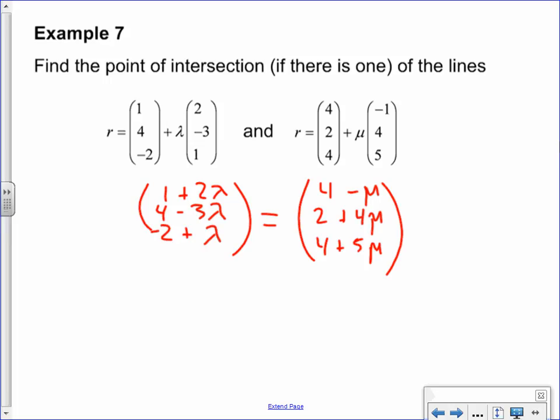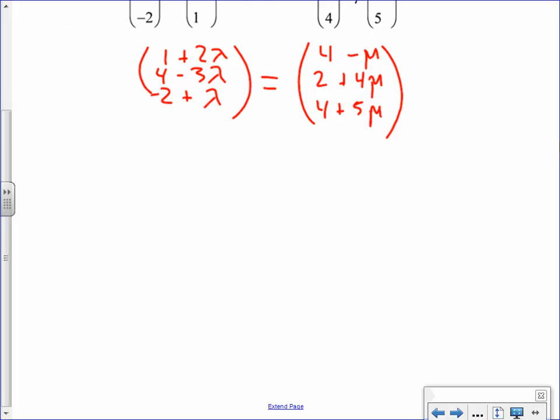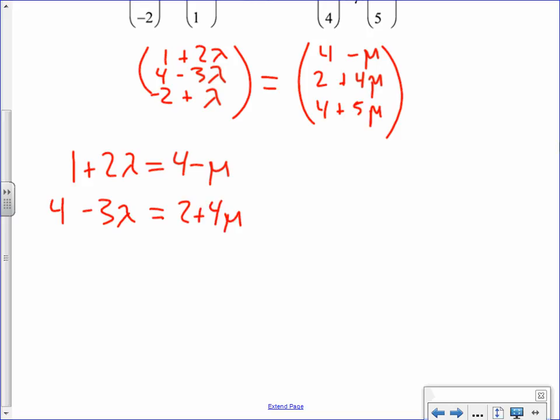So, 1 plus 2 lambda will equal 4 minus mu, and then 4 minus 3 lambda equals 2 plus 4 mu, and then negative 2 plus lambda equals 4 plus 5 mu.